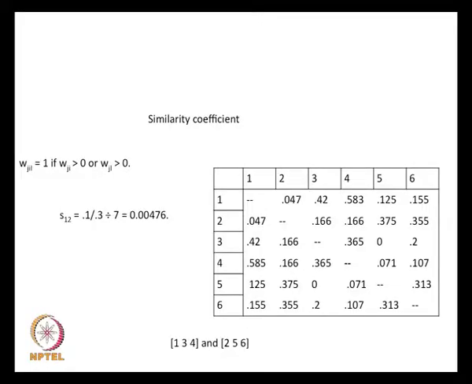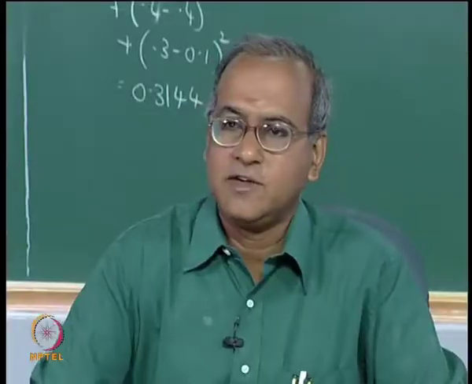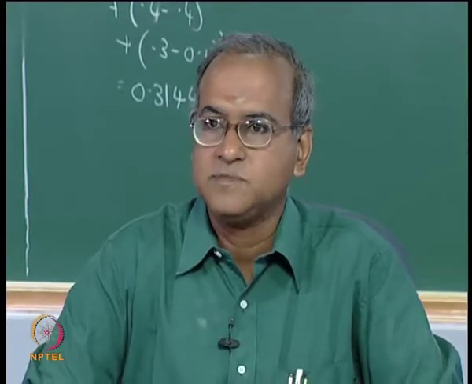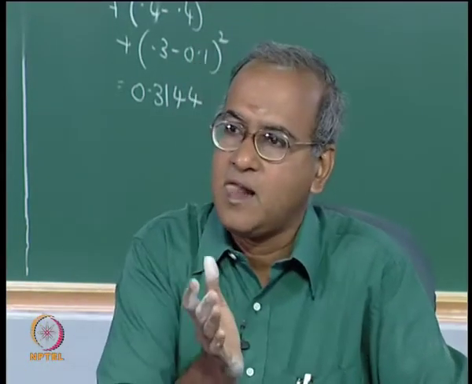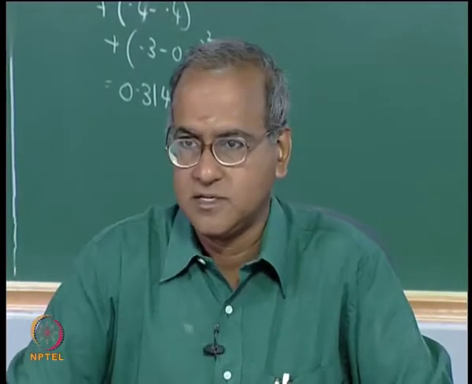And as we move down, you realize 2, 5 and 6 have 0.375, 0.355 and 0.313. So, we will pick 2 to 5 first and then we will pick 5 to 6. So, 1, 3, 4 will form one group, 2, 5, 6 will form another group. So, this way using the similarity coefficient, we can capture cell load variation data. And once again we have a way by which we minimize inter-cell moves indirectly by minimizing the cell load variation.